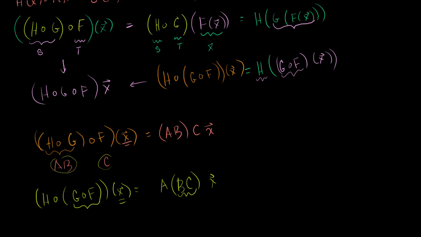Now, in this video, I've shown you that these two things are equivalent. If anything, the parentheses are completely unnecessary. And I showed you that there. They both essentially boil down to h of g of f of x. So these two things are equivalent. So we could say, essentially, that these two things over here are equivalent.